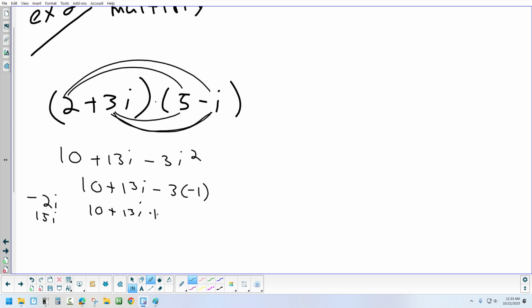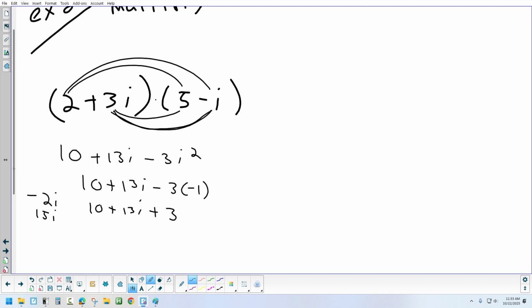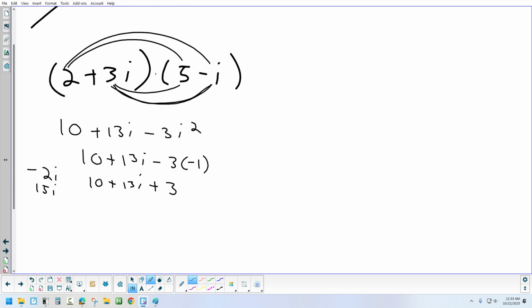That's a positive 3. And when you combine like terms, what do you get for a real part? 13. Just a coincidence, it's 13 for real and imaginary. That does not have to happen. But that's how we multiply those two.